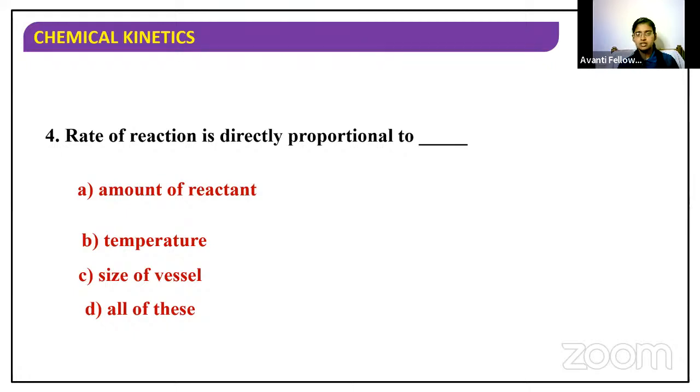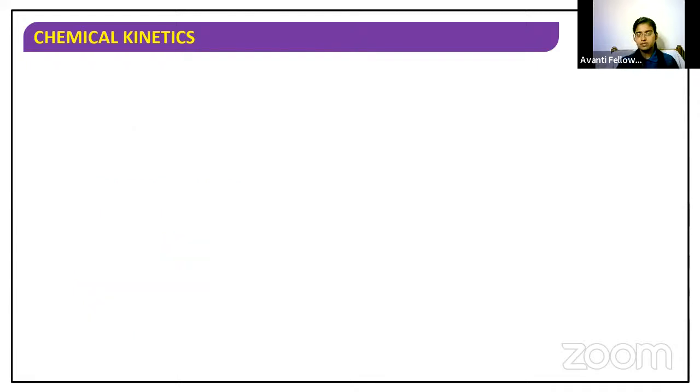Who is that person? It is Vaishnavi. What happened to others? Mahit is giving me the correct answer. So the correct answer is temperature. Rate is directly proportional to temperature. It doesn't depend on the size of the vessel. Surface area means surface of the reactant, not the container size. So the answer is option B.